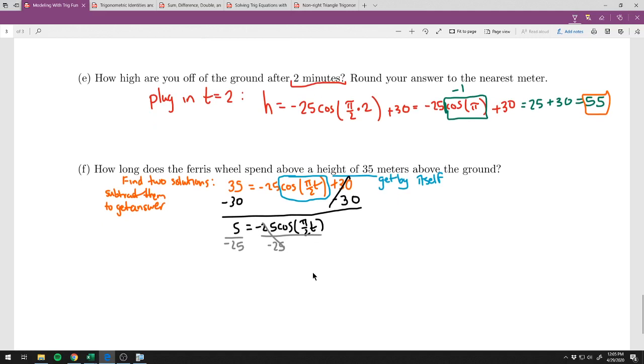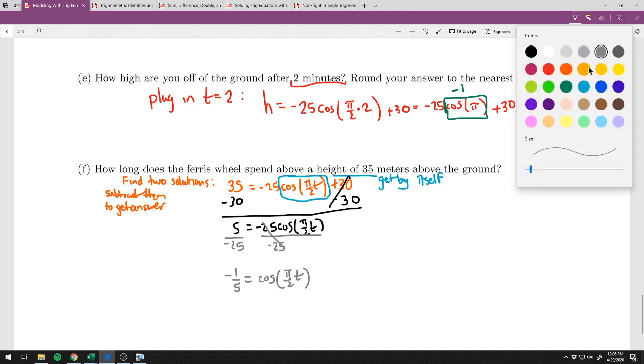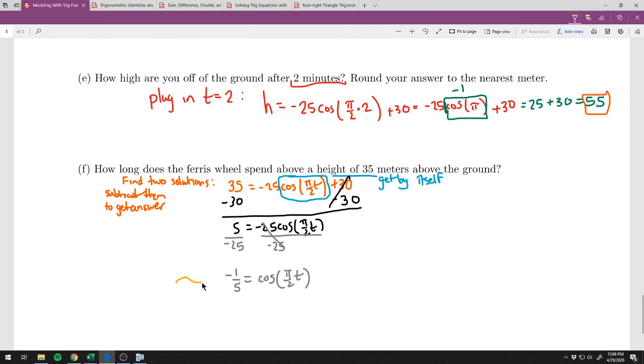And we get 5 over negative 25, negative 1/5 if you simplify that, equals cosine of pi over 2 times t. Just like in the previous problem we did, once you get the trig function by itself, you do the inverse appropriately. We do cosine inverse of each side, and we get cosine inverse of negative 1/5 equals the inside over here, pi over 2 t.